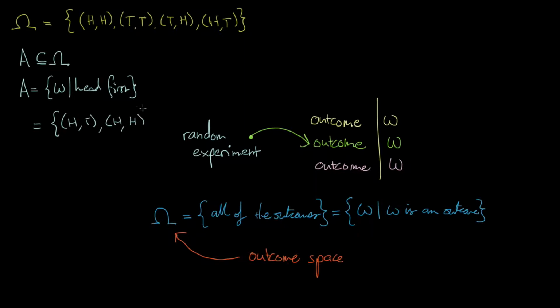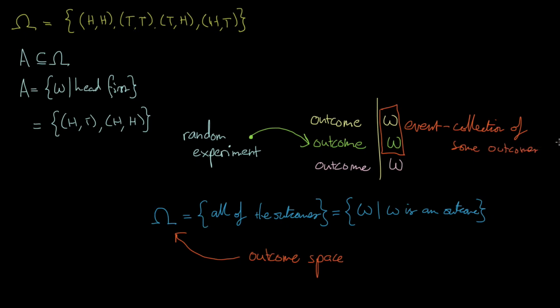And we can check that this set A, as we've just drawn it, is in fact a subset of this set omega, the outcome space. We can see head tails is in A, and it's also in the outcome space, and head head is in A, and it's also in the outcome space. So we can see that A is a subset of this outcome space. And so in general, if we go back to our original drawing here, this is an event. It's a collection of some outcomes.